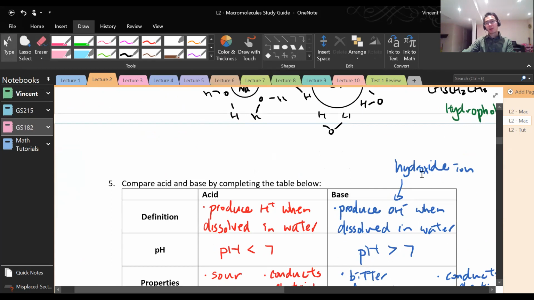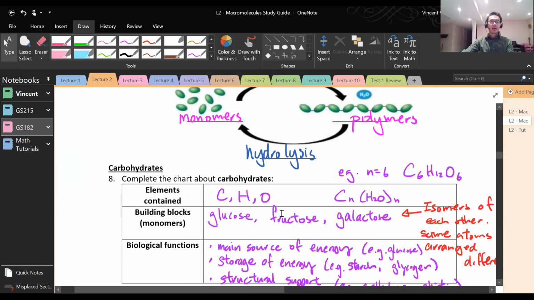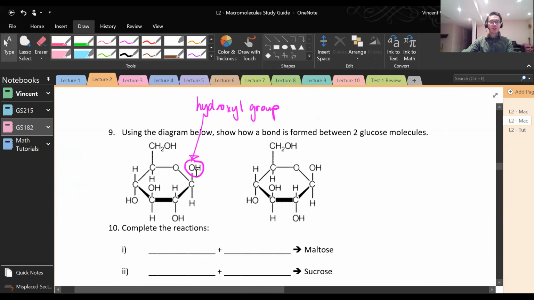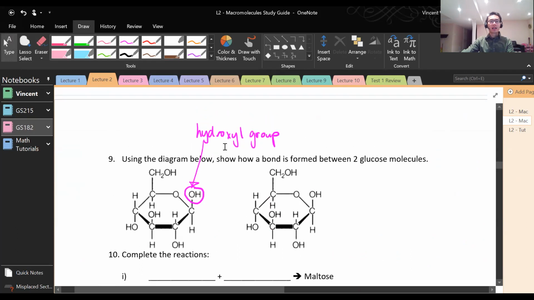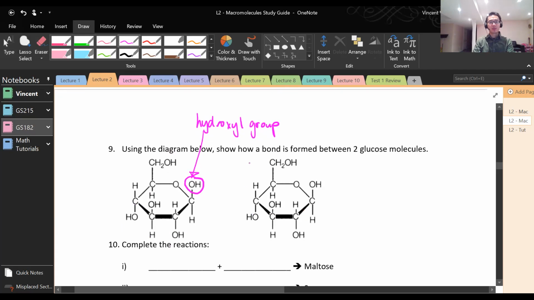With the minus, we call it a hydroxide ion. If it's attached to part of a bigger molecule, we call it a hydroxyl group. Anything that has OH in it has a hydroxyl group. Not terribly important, but just in case you wonder.